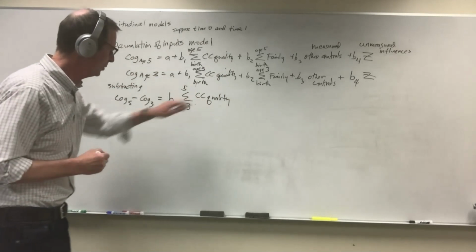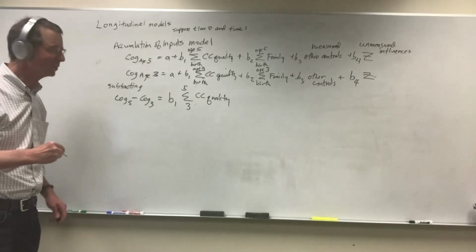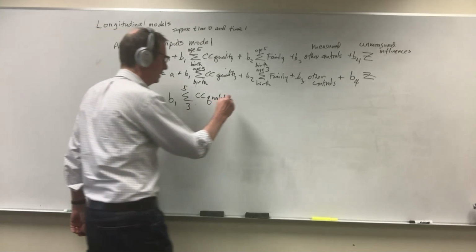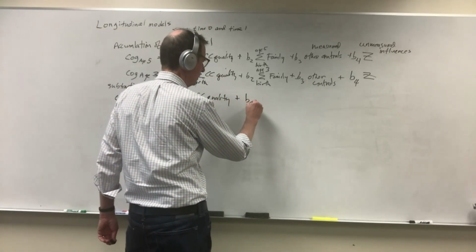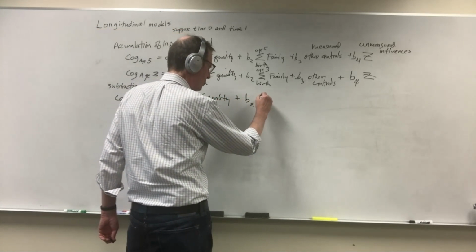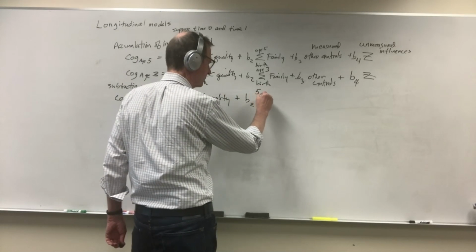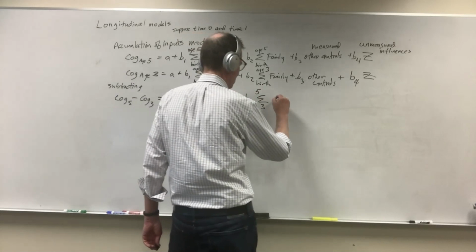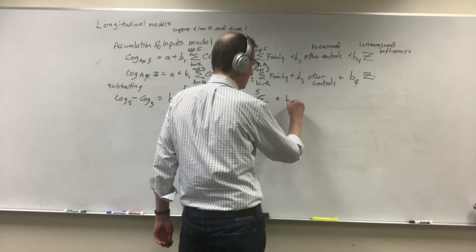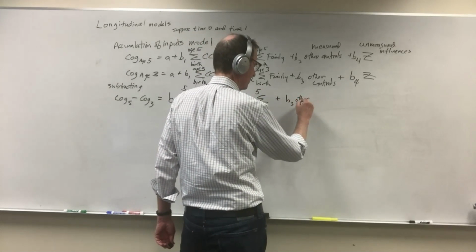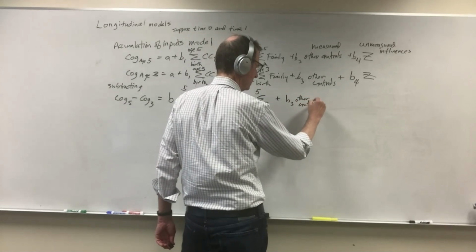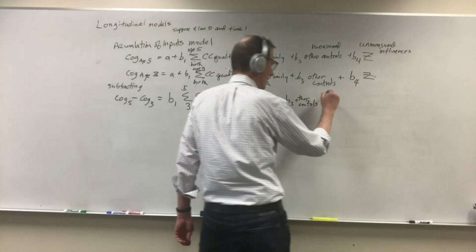So we're just averaging childcare quality between ages 3 and 5. We're averaging family conditions from ages 3 to 5. We've got these other controls.